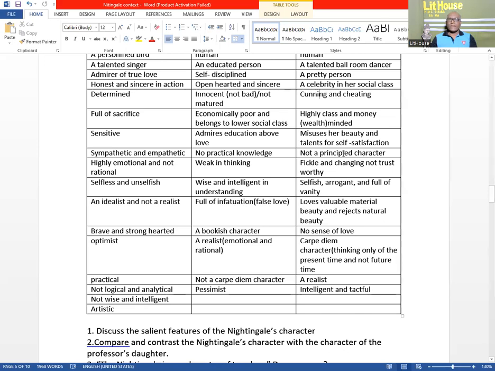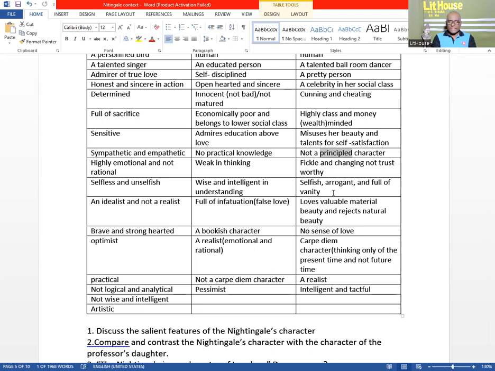Not principled character. Principled, see the spelling. P-R-I-N-C-I-P-L-E. Not P-A-L. P-A-L, principal is at school. This principle means you have some rules for life, policies for life, some good morals for your life.